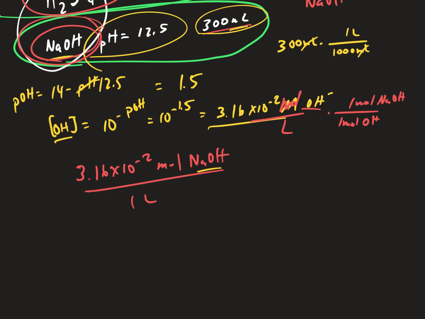Good? And so that's 0.3. So we can multiply this by 0.3 liters. You following? And now we have moles of NaOH.